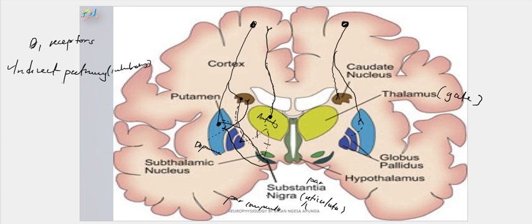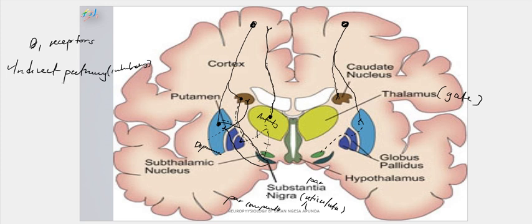So the inhibited globus pallidus externa reduces its inhibitory effect to the subthalamic nucleus. That gives you a clue that the globus pallidus externa is normally connected to the subthalamic nucleus, and it normally sends inhibitory signals.